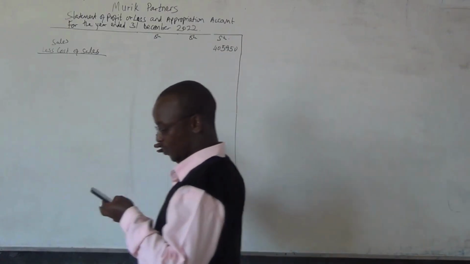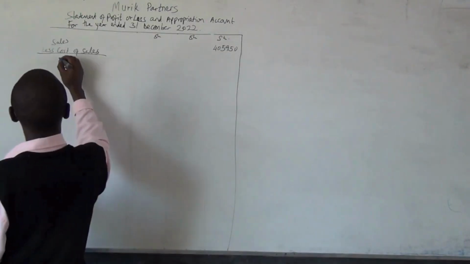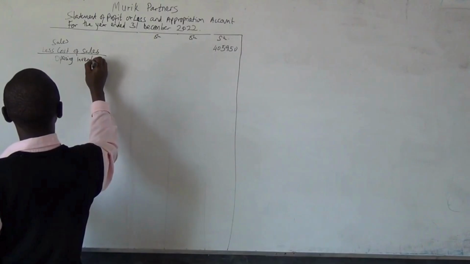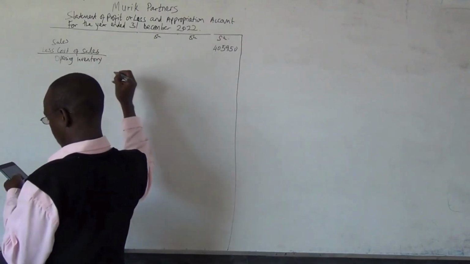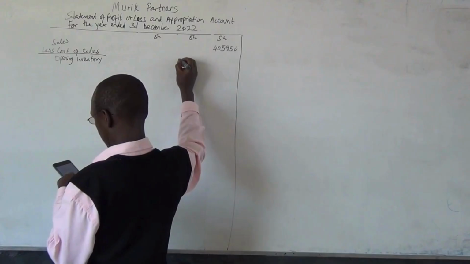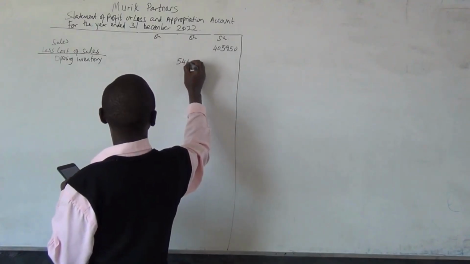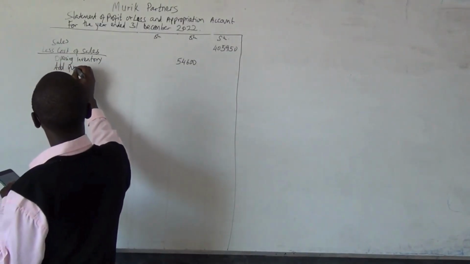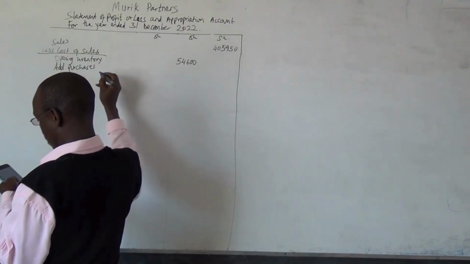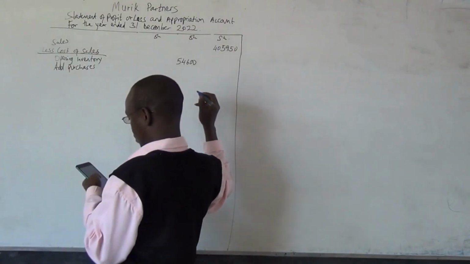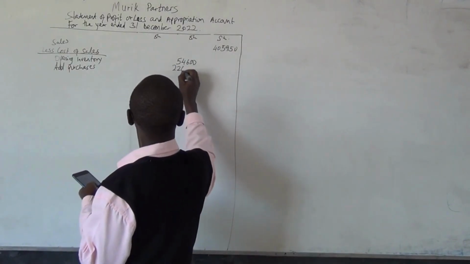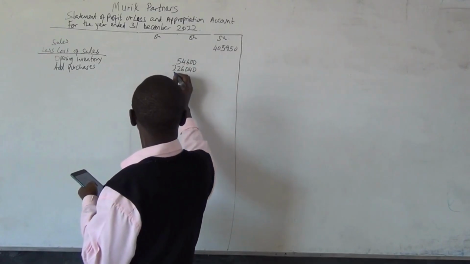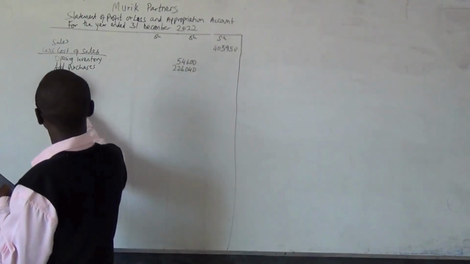Then we came to cost of sales: opening inventory in the trial balance, 54,600. Add purchases, 226,040.